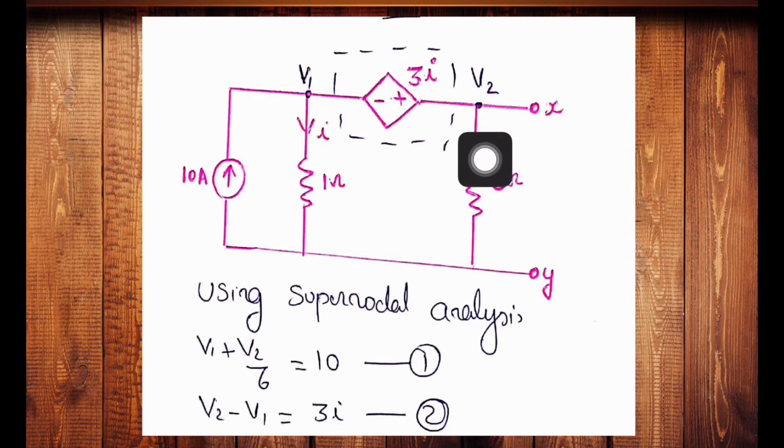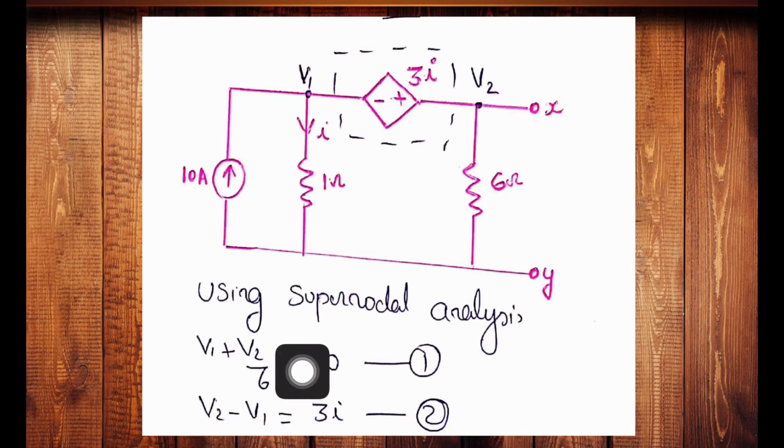Alright. Now look at this 1 ohm. One end of this 1 ohm is at potential V1 and the other end is at potential 0. Correspondingly, the current through this 1 ohm from node V1 to reference node can be written as V1 by 1, that is V1 itself. Similarly, one end of this 6 ohm is at potential V2 and the other end is at potential 0, so the current through this 6 ohm from node V2 to reference node is V2 by 6.